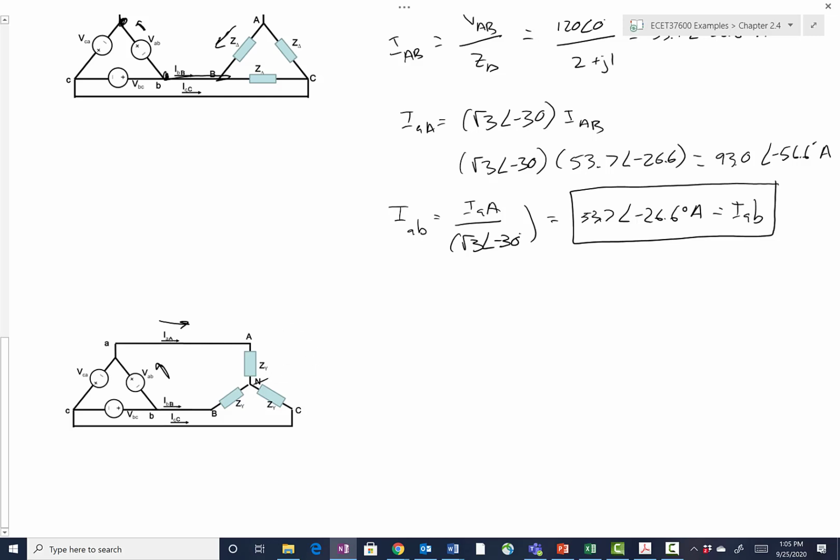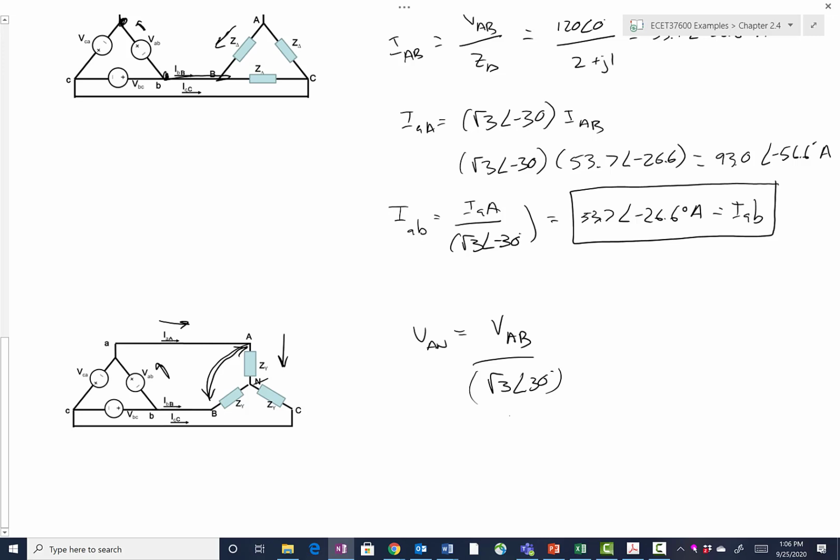So we know that VAN, the voltage that we want to know so that we can calculate that current right there, is going to be equal to the line-to-line voltage, this one right here, divided by the square root of 3 at angle 30 degrees.